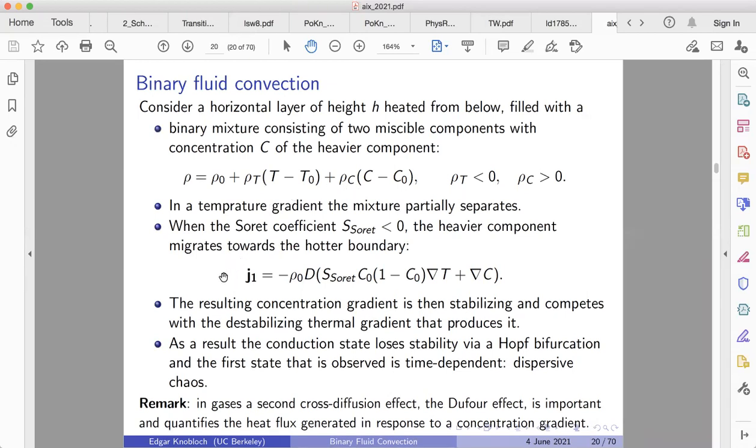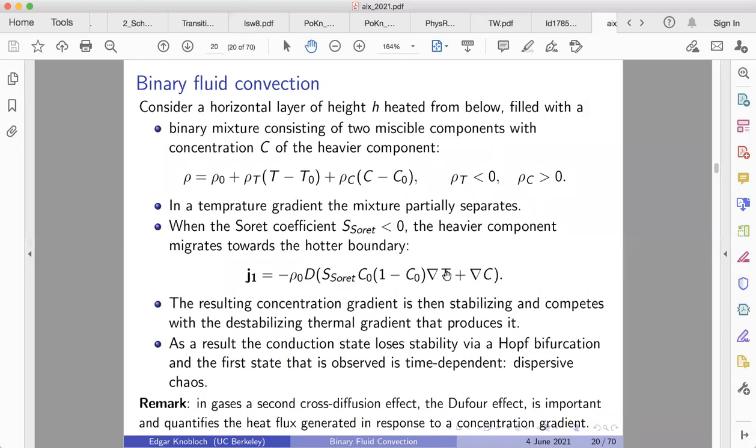Now, if I have a mixture and I put it into a temperature gradient, then the mixture tends to separate. And that mass flux, the mass current, that's called J here, has two contributions. There is a contribution due to the usual diffusion of the concentration, grad C, but there's also a contribution to the mass current due to the temperature gradient.